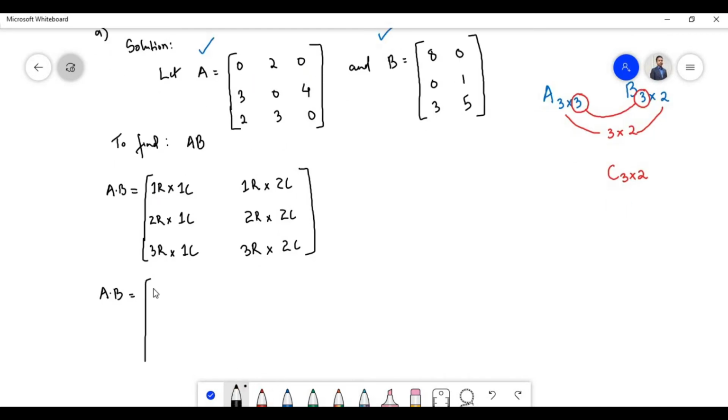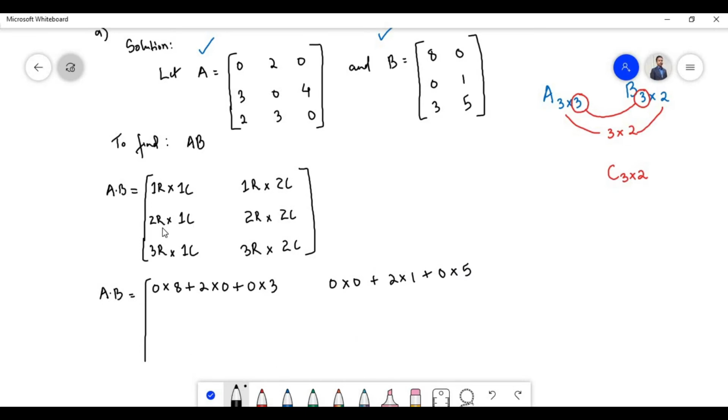So we have 0 times 8 plus 2 times 0 plus 0 times 3. Next first row with second column. We have 0 times 0 plus 2 times 1 plus 0 times 5.